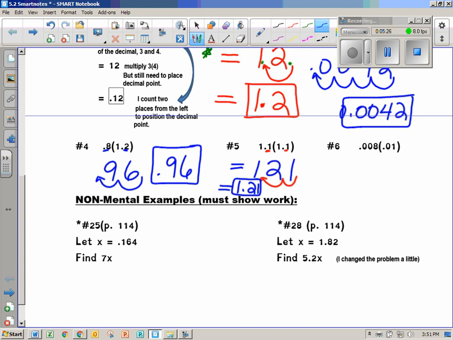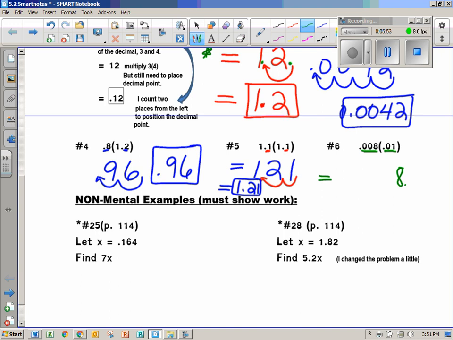So that makes sense. Now, this is going to be a very tiny number because we're multiplying 8 1,000ths times 1 100th. But we're just thinking 8 times 1, which is 8. And then I've got 3 places to the right here, 2 places to the right here. So I'm going to have to move my decimal 5 places to the left.